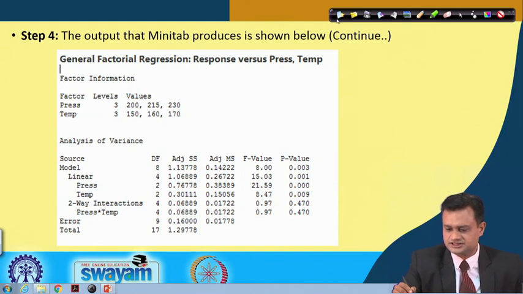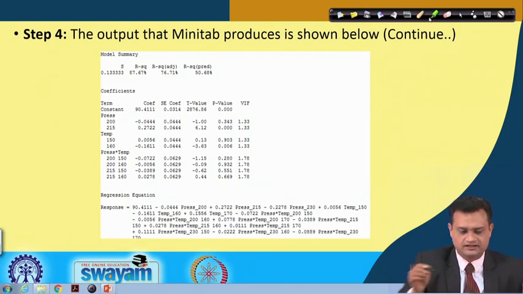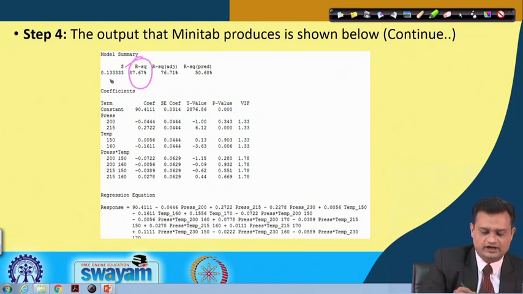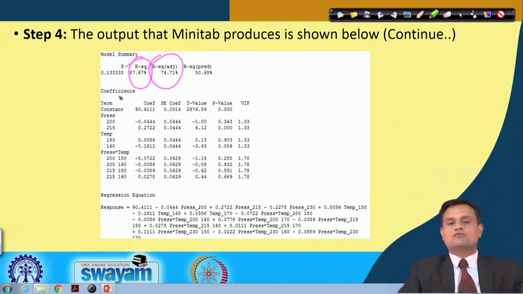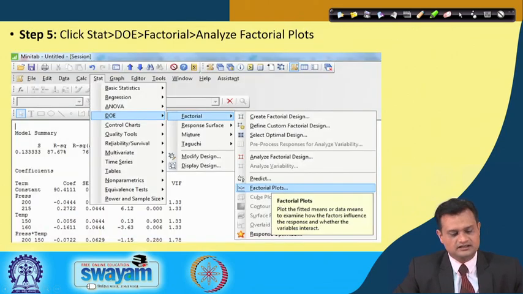So this is what exactly you can do very easily. You can check also the R square, adjusted R square. So more or less these values are satisfactory, more than 75%, 80%, and you can accept the model, and it explains the variability, total variability captured by the factors considered.